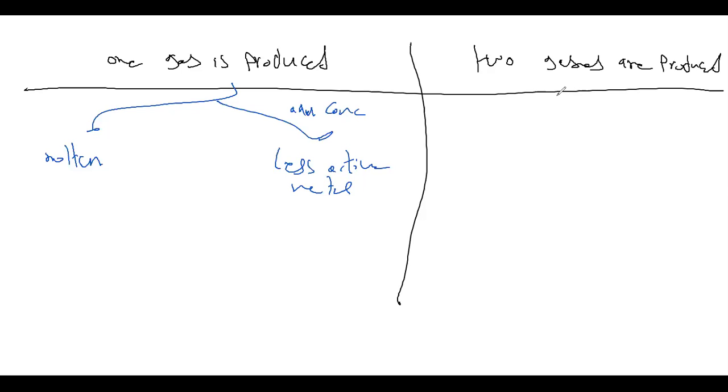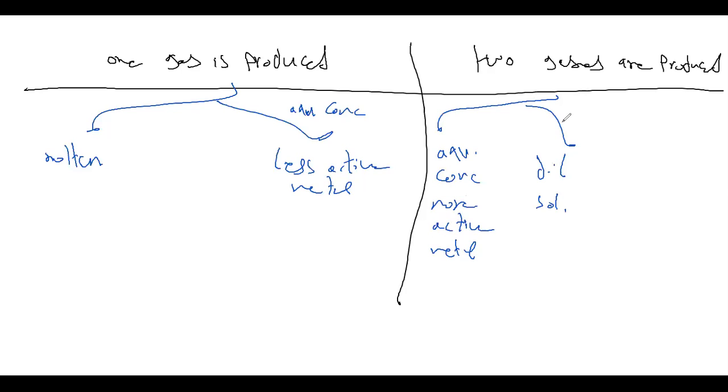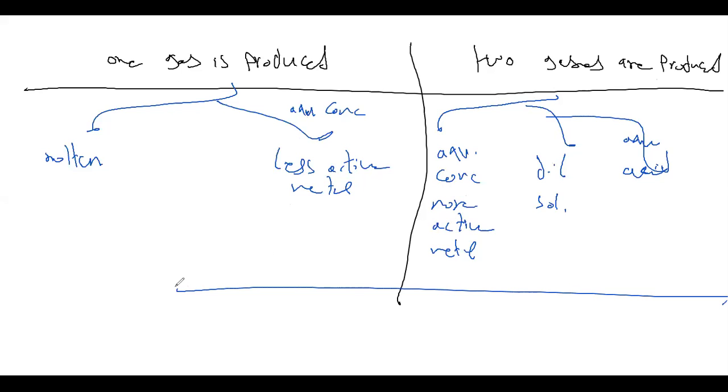Two gases are produced in case of aqueous concentrated more active metal, or in case of diluted solution, or in case of aqueous acid. While in case of molten or aqueous concentrated less active metal, one gas is produced.